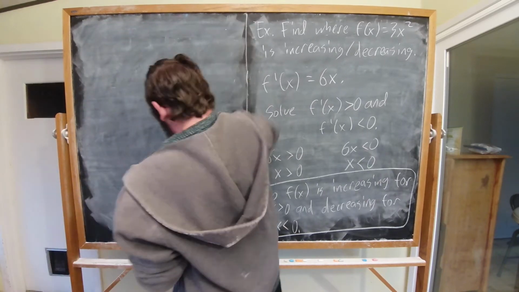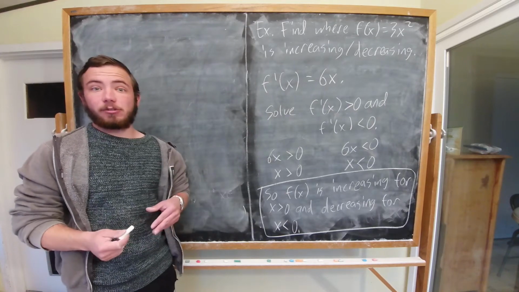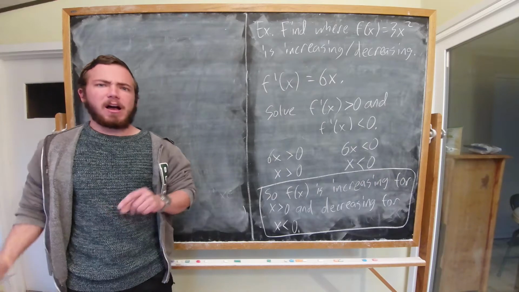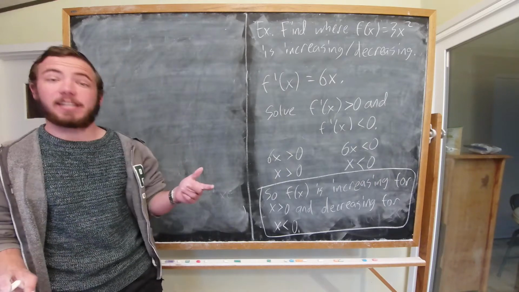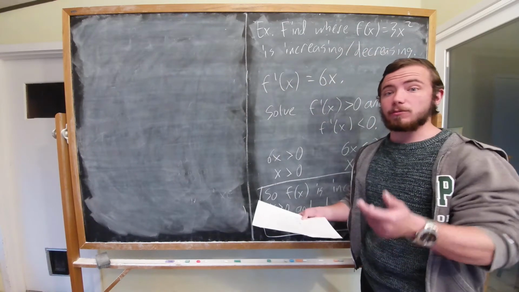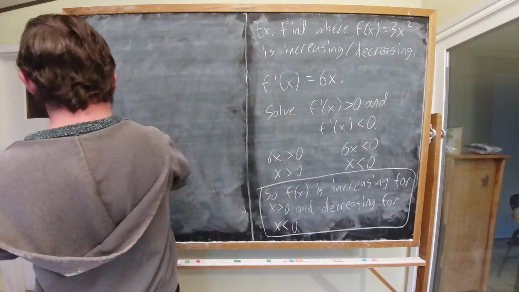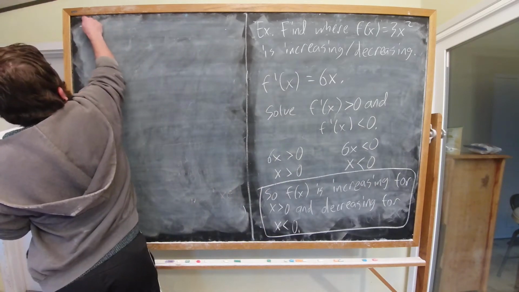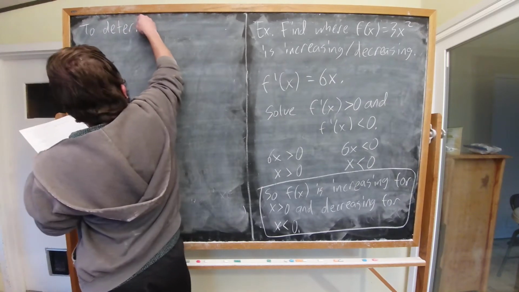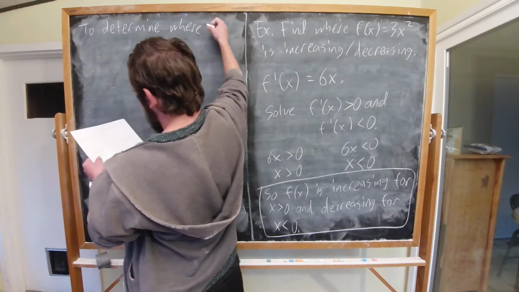Alright, you might say, does this really give us all of the places where the function is increasing or decreasing? Yes. By the intermediate value theorem, a continuous function can't jump in terms of its value, right? And so because of that, we can just use this process.